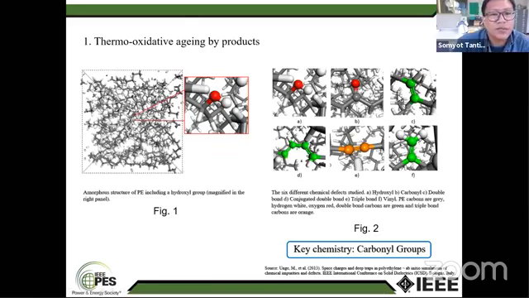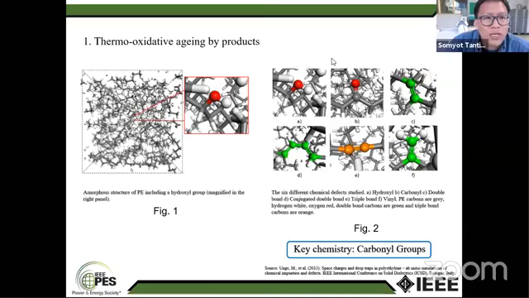So figure 1 shows the chemical structure of the polyethylene. As you can see, a lot of carbon chains in the polyethylene structure, including the polymer chain and amorphous structure. After the polyethylene is subjected to temperature, the thermo-oxidative aging process will be promoted, resulting in new chemistry occurring in the system.